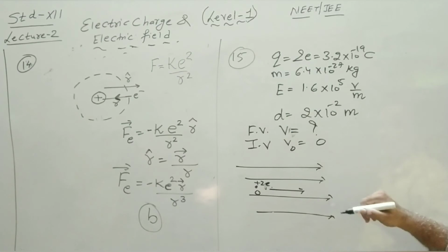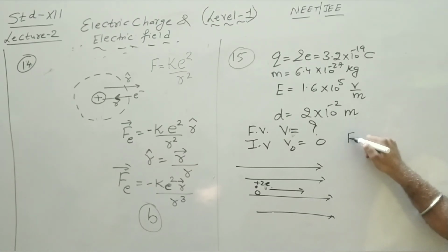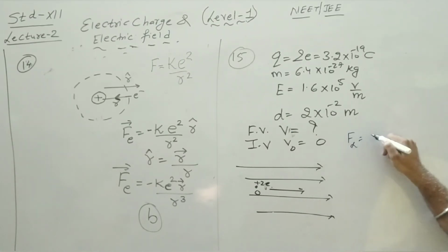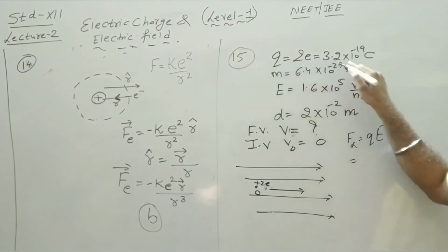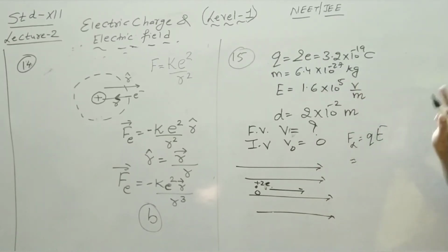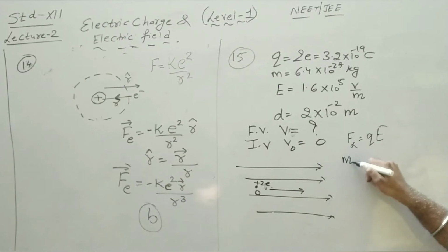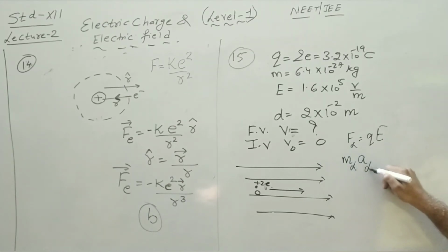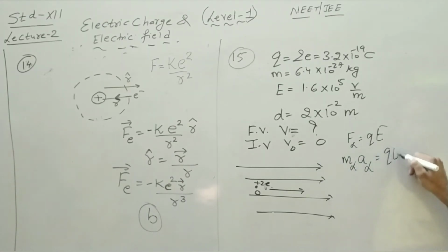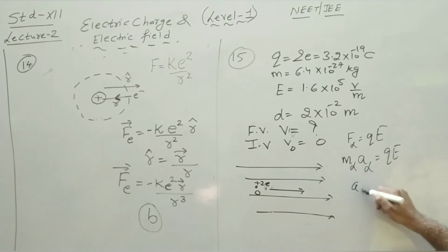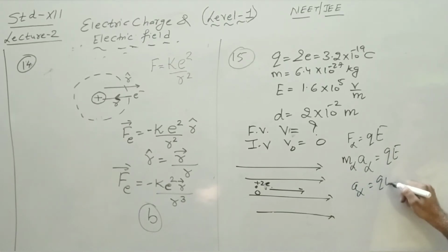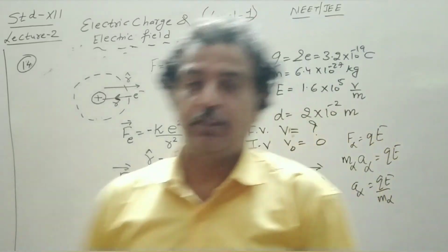Now we know the force acting on the alpha particle is equal to QE. Q is given, E is known to us, and the force can be written as mass of alpha particle times acceleration equal to QE, and therefore acceleration is equal to QE upon m alpha.